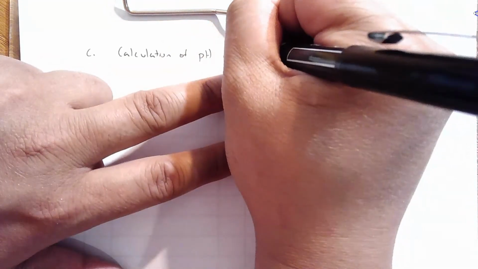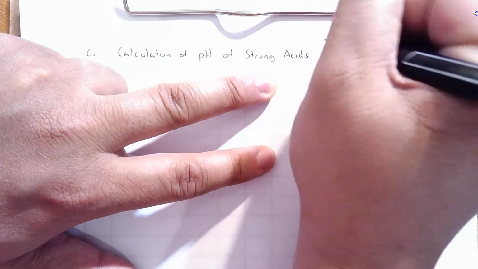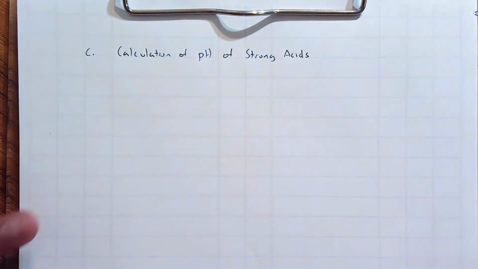I'm just going to label this section calculation of pH. But this is of strong acids. Weak acids are a little bit trickier, and we'll get to that in a future video. Let's do the strong acids right now.